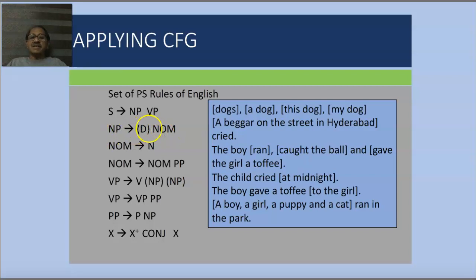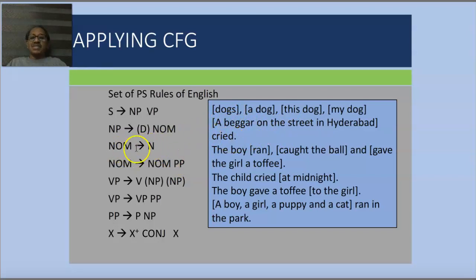So what we do is create a noun phrase rule in this manner. A noun phrase consists of a determiner, which is optional, and a nominal. What is a nominal? A nominal can be a noun, like dog in a dog, or dog in this dog. Or a nominal can be a nominal and a prepositional phrase. That is, it can be beggar and on the street in Hyderabad.